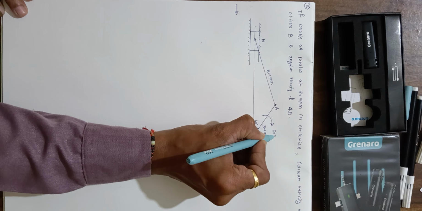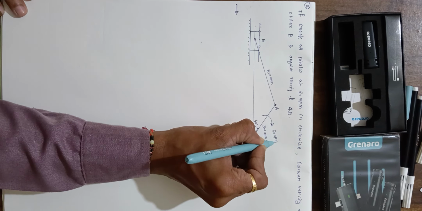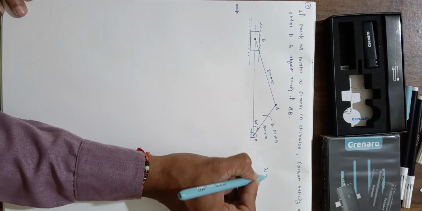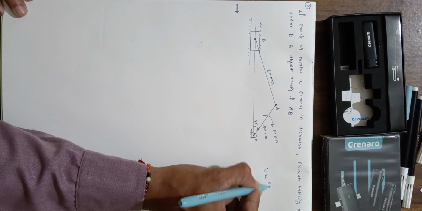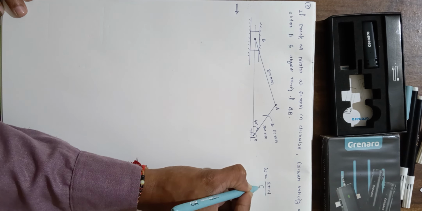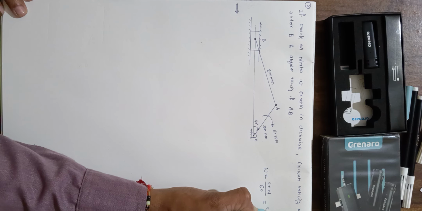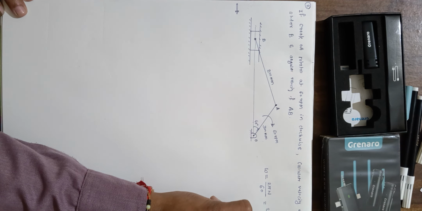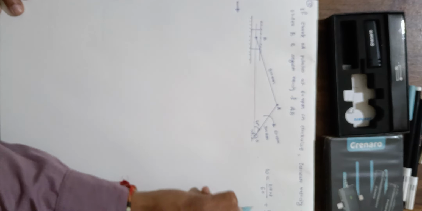at 60 rpm. This is not the angular velocity, rpm is given. So first we have to find out the omega by using the formula 2 pi n divided by 60. So this is 2 pi, n is 60, divided by 60.